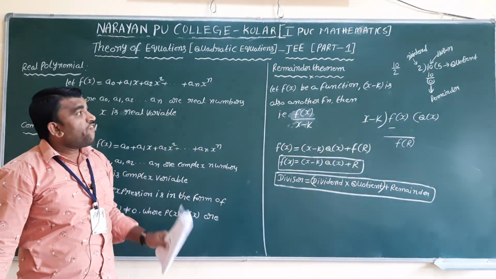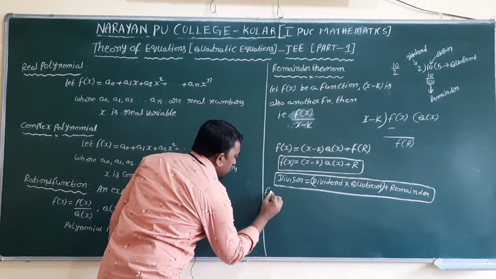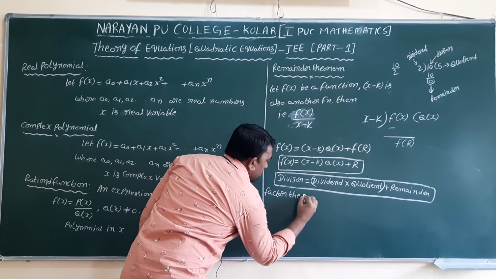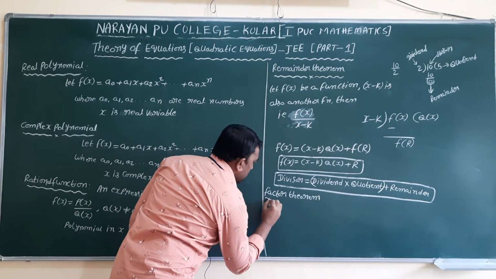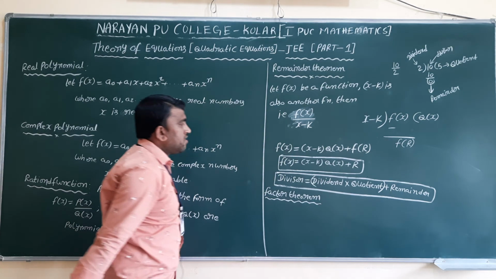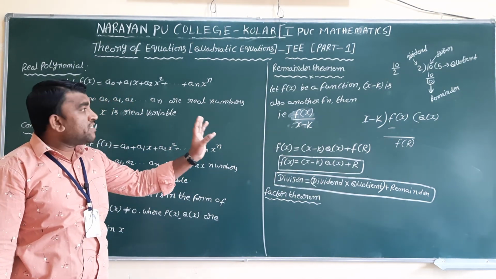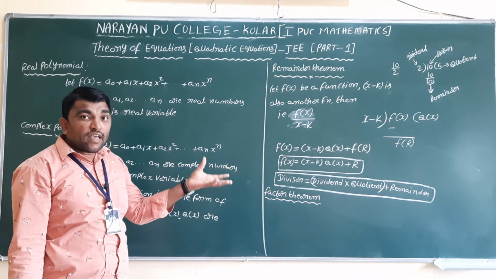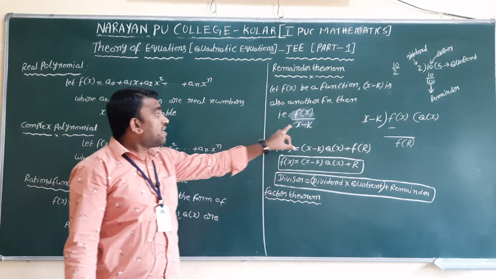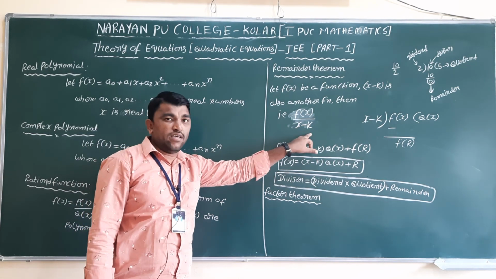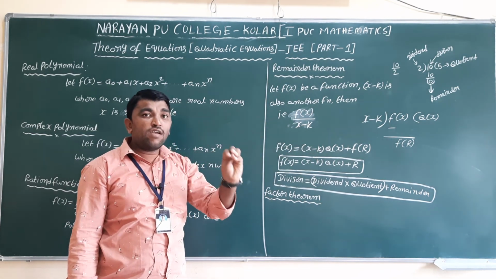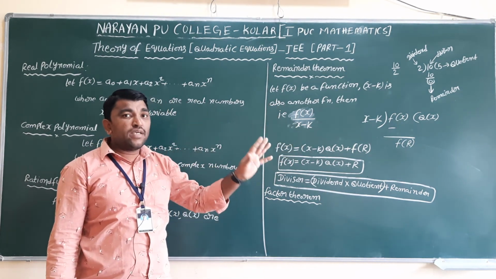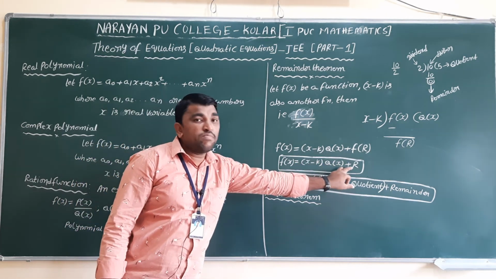Next, factor theorem. So here, simple thing: x minus k and f of x are two functions. Whenever f of x is exactly divisible by x minus k, that means the remainder value must be 0.